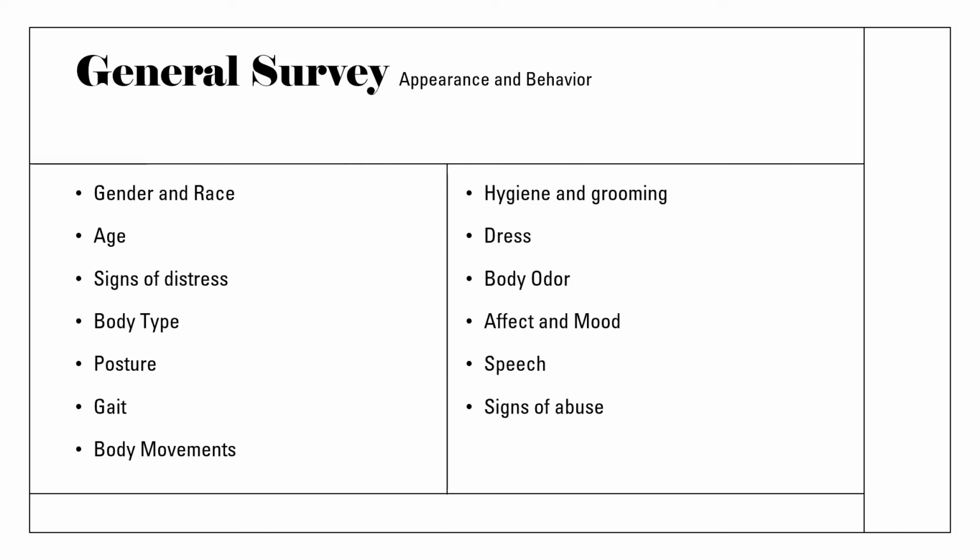In that general survey, if you note, for instance, a female patient who has bruises on her back, arms, legs, and her behavior is very introverted, and you determine that this could be an issue because maybe the person that brought her in has been abusing her, or you don't know that for a fact, but there's a potential.